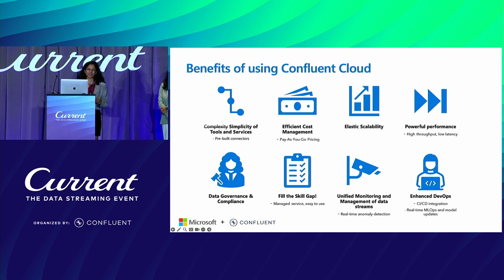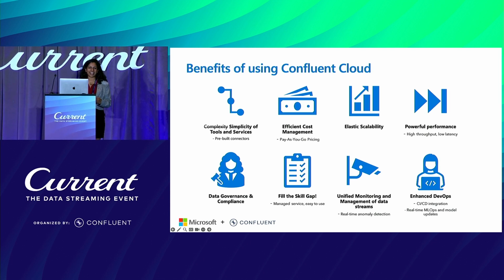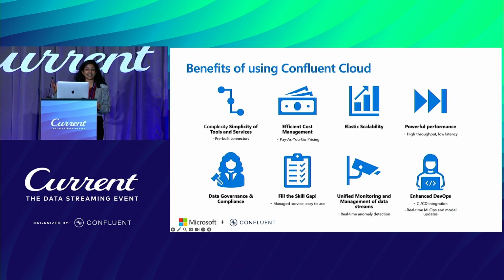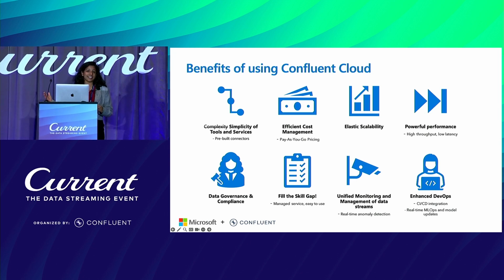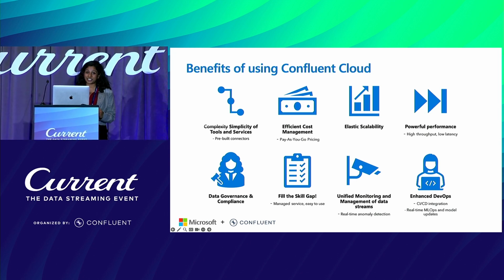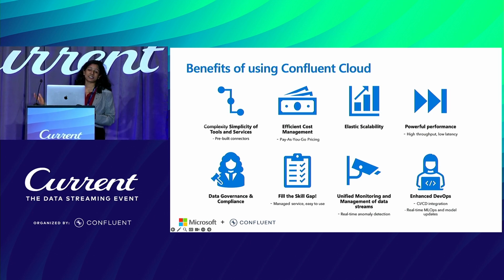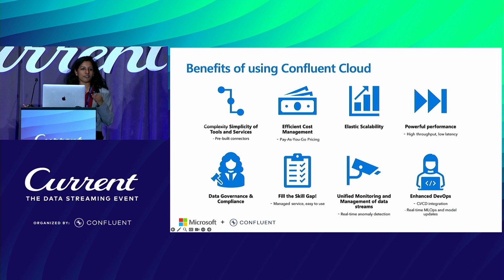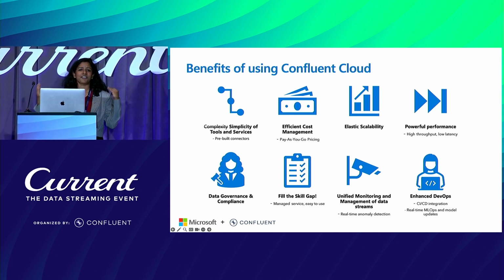I'm not going to go through all the points because we know everything spoken about during the problem statement stands true and very relevant. Confluent as a solution, which we've been hearing about since morning, does a great job of making sure each of these benefits is economically available to us. We put away our stress of managing the data. We only focus on how we work on the data, the results. We don't worry about the management.